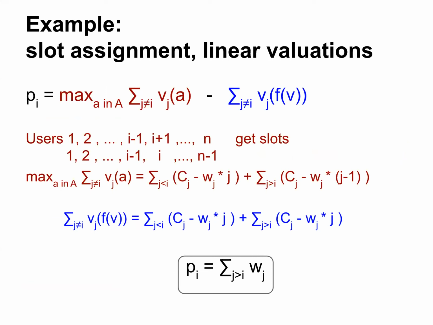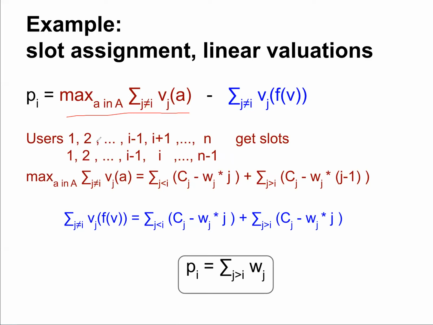So let's see how much the user pays. If user I is not in the picture, then the users 1, 2, 3, and so on, up to I minus 1, will still get the same slots, right? User 1 will get slot 1, user 2, slot 2, and so on. User I minus 1 will get slot I minus 1. But user I plus 1 will get slot number I, because remember, user I is not in the picture.